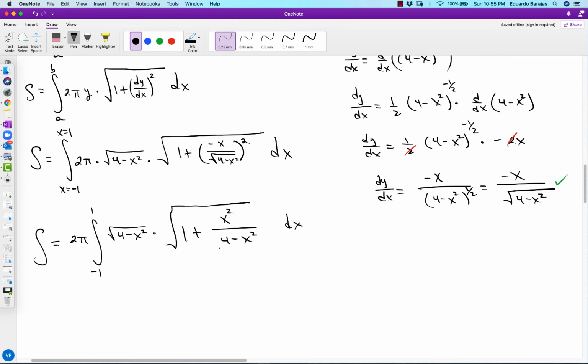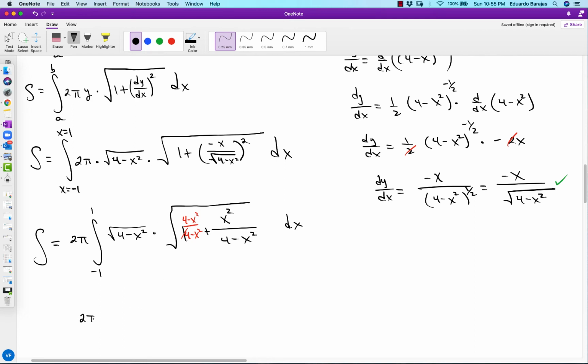To get a common denominator here, I'm going to create a fraction that has a 4 minus x squared divided by 4 minus x squared. That's another version of 1. So then they have the same denominator, and I get to bring it all under one big fraction.